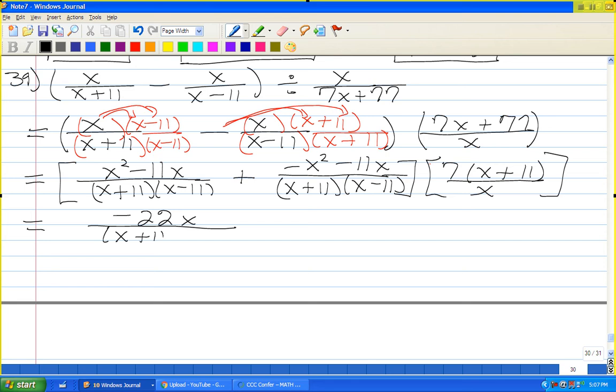over x plus 11, x minus 11, times 7x plus 11 over x. The x's cancel. The x plus 11's cancel.